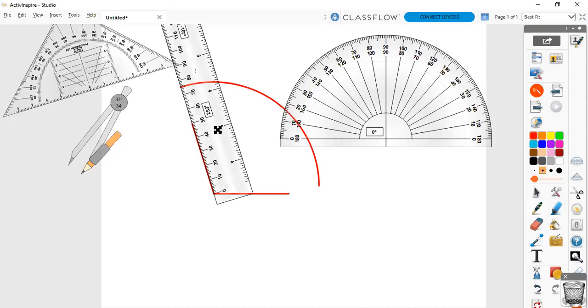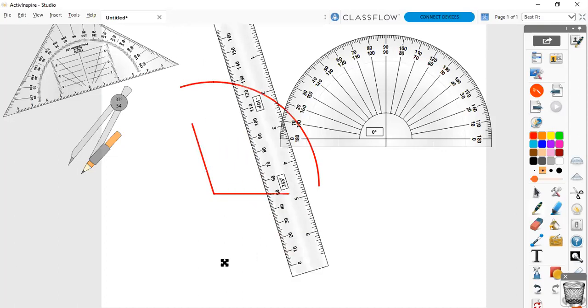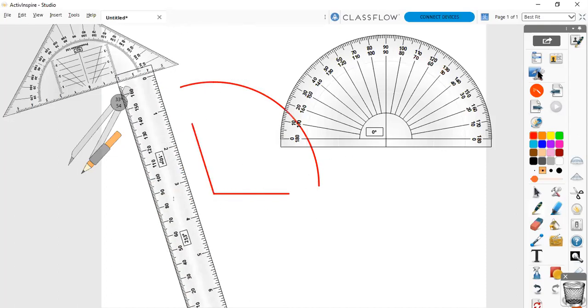Now draw one line again. Now if you can see, this angle is your 108 degrees, right?